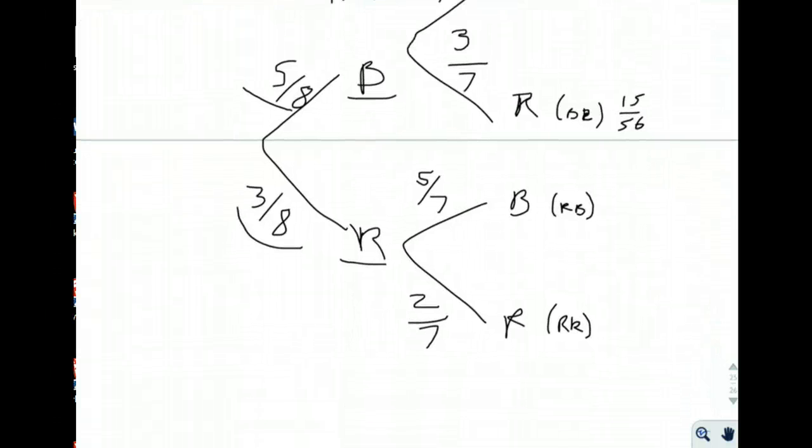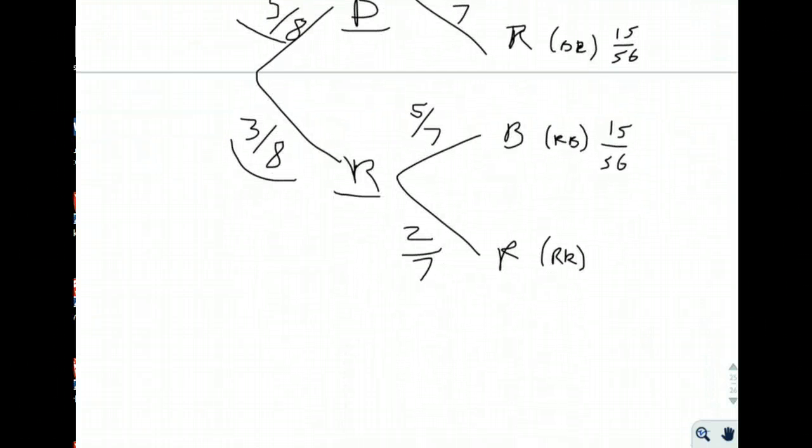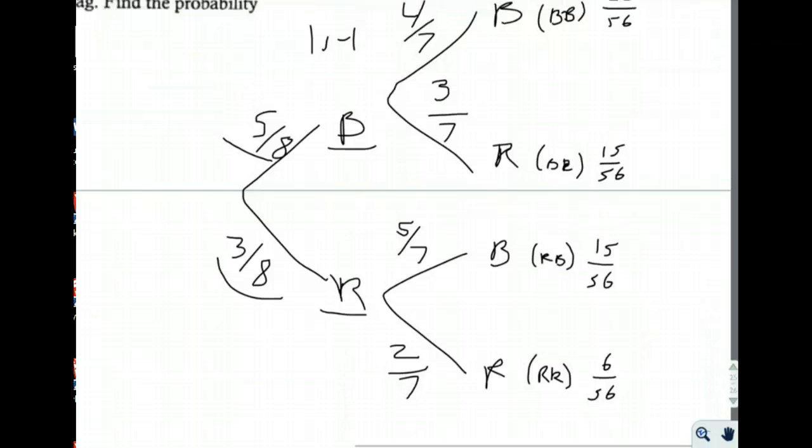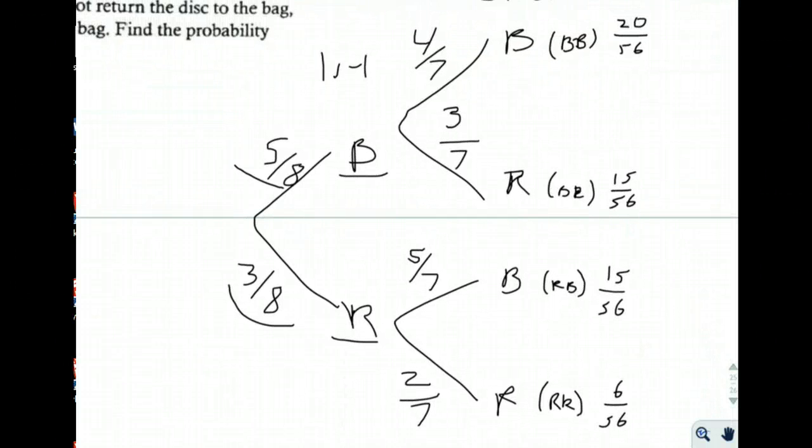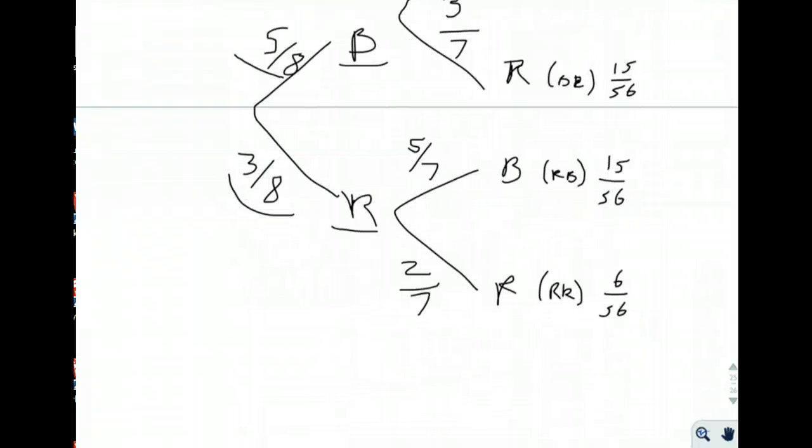Red black is 3 over 8 times 5 over 7, that would be 15 out of 56. And red red would be 3 over 8 times 2 out of 7, it would be 6 out of 56. So let's check to see if those add up to a total of 1. 20 plus 15 would be 35, plus another 15 would be 50, and then add 6, 56. Yeah, so 56 out of 56 would be the total, which is just 1, so that makes sense.